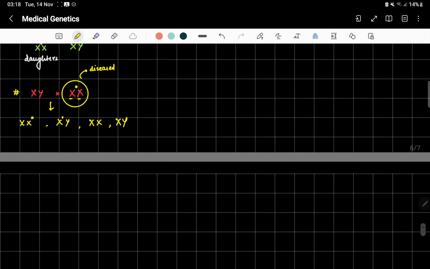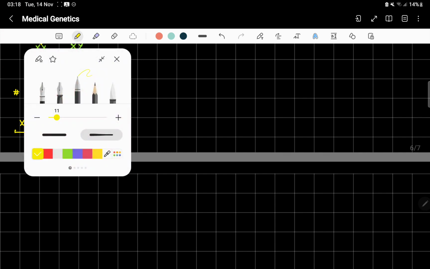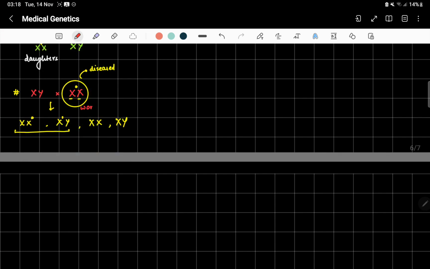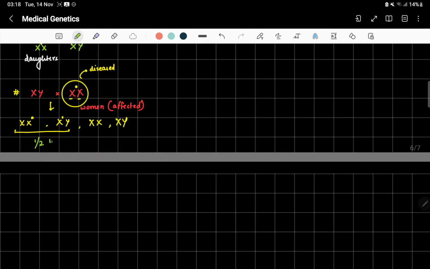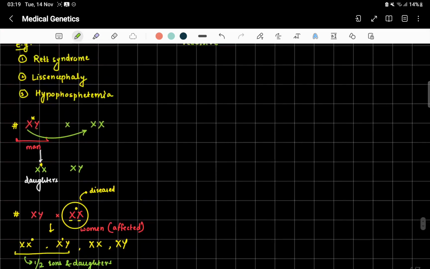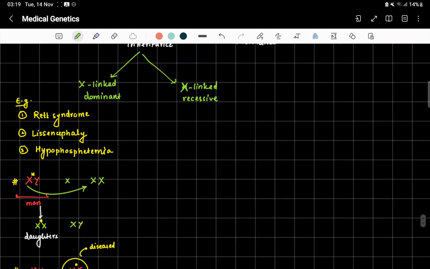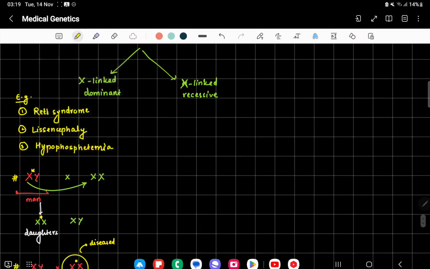So the affected woman will have transmitted the trait to half of the sons and daughters. Understood what the inheritance is? This is the X-linked dominant inheritance pattern. Then we will discuss the X-linked recessive inheritance pattern.